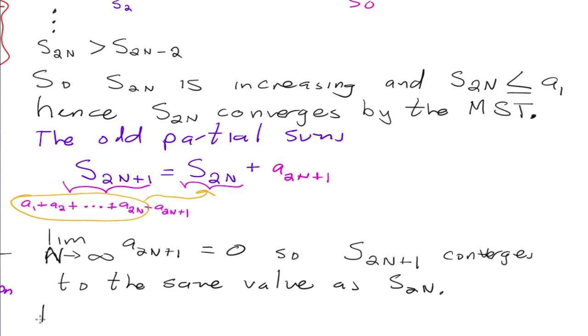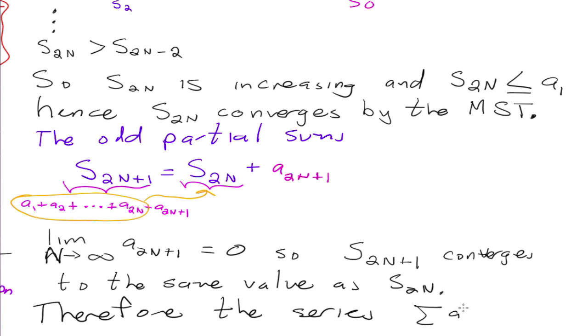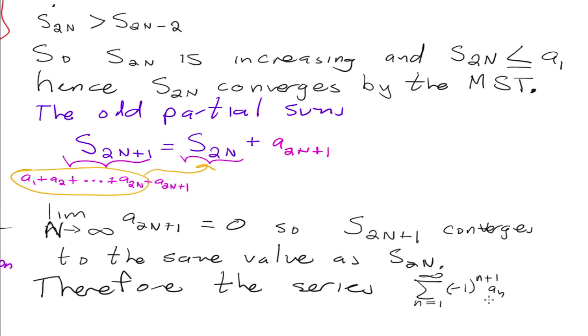So therefore, the alternating series, the sum from n equals 1 to infinity of -1 to the n plus 1 times a sub n, that series converges.